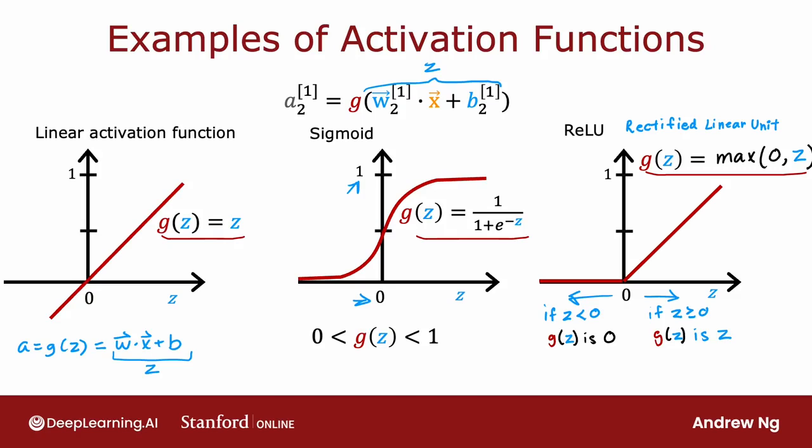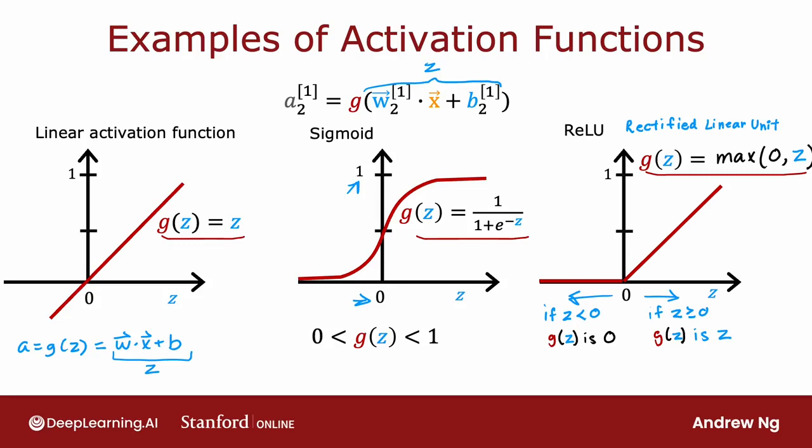Sometimes if you use the linear activation function, people will say we're not using any activation function, because if a is g(z), where g(z) equals z, then a is just equal to w dot x plus b, say. And so it's as if there was no g in there at all.